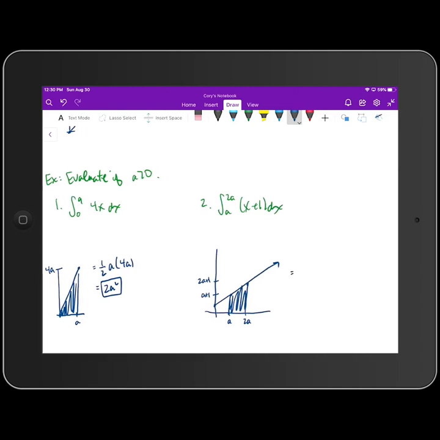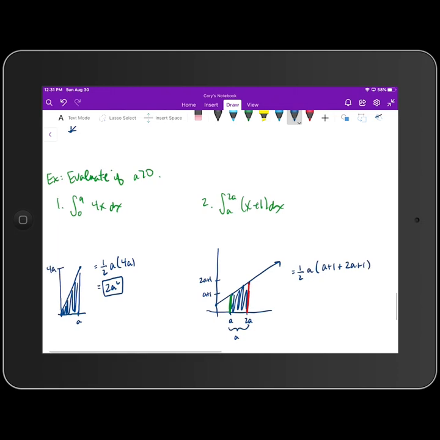So our trapezoidal area formula is going to be 1/2 the height. So the height is going to be the length of our interval here, which is 2a minus a, which is going to be a. And then we're going to multiply that by the sum of the bases. So the first base in green is going to be the y-coordinate of that point, which is a plus 1, plus the second base at 2a, which is going to be the y-coordinate there, which is 2a plus 1.